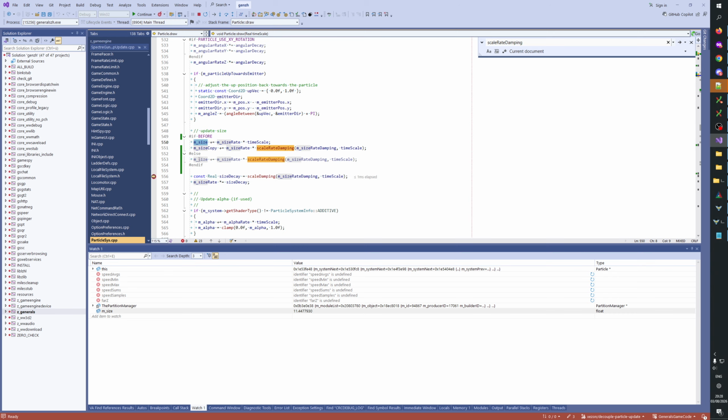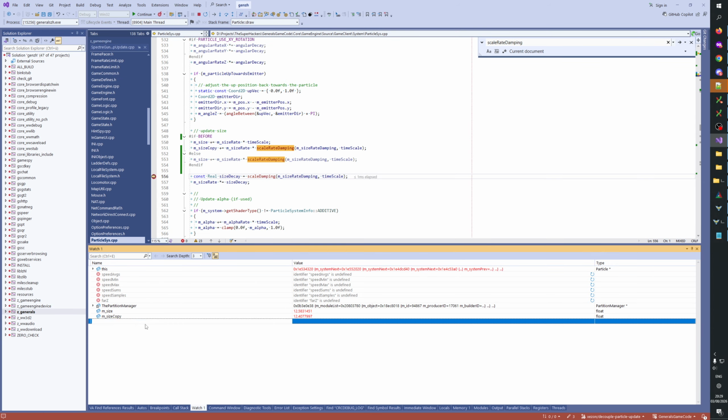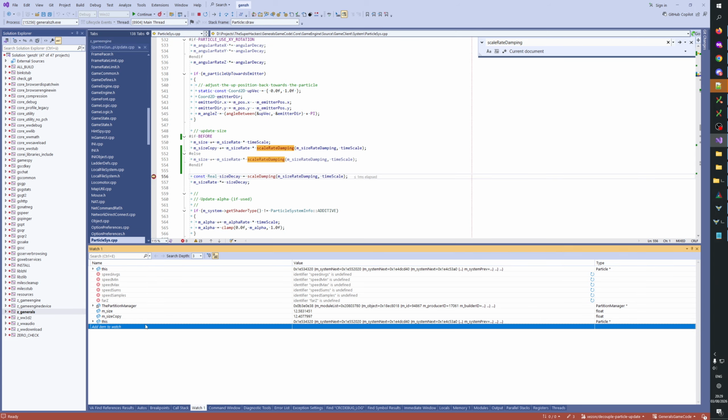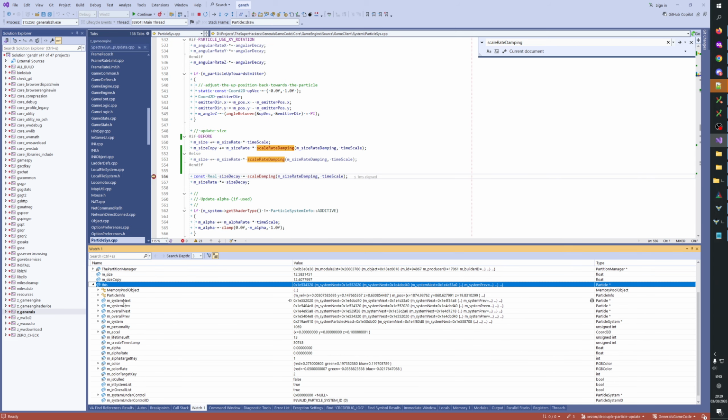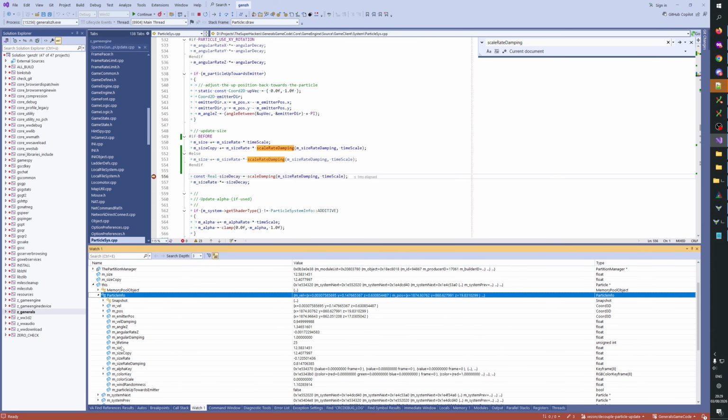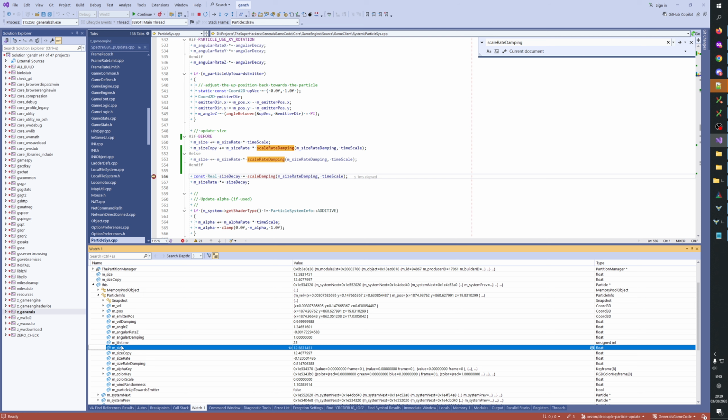That's a bit easier. Okay. Yeah, so as you can see, the values are very, very close. Do we have particle info size? So this is the starting size, is that right?